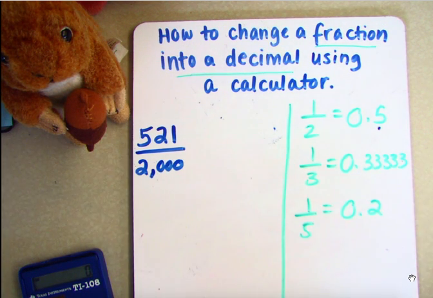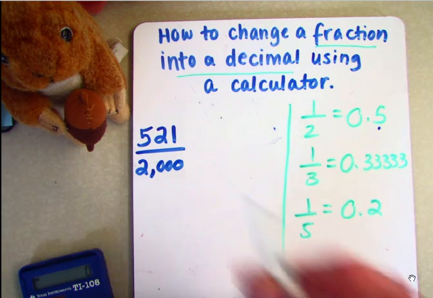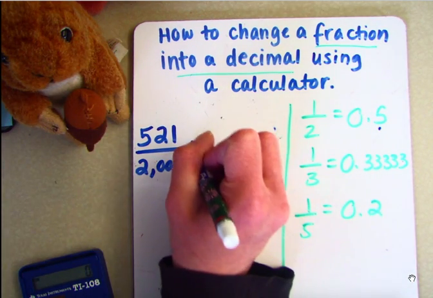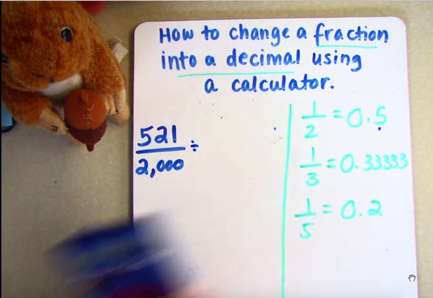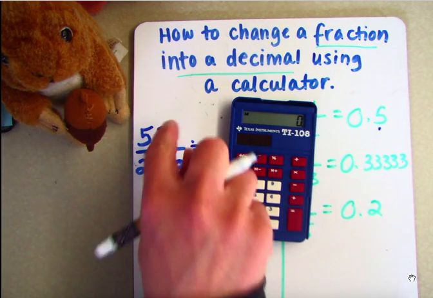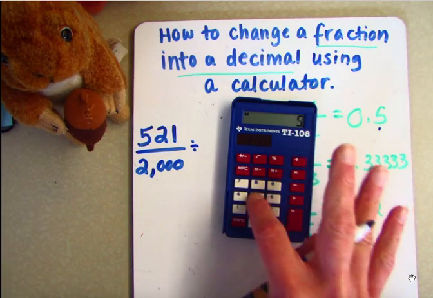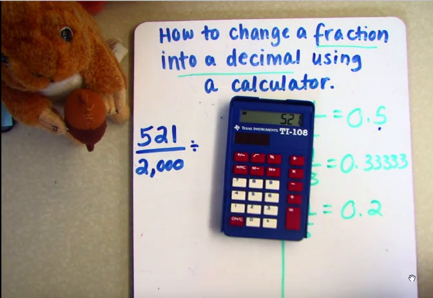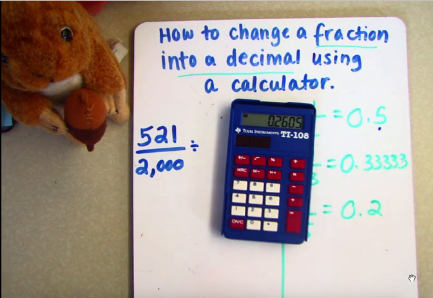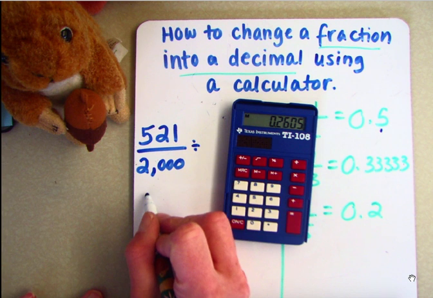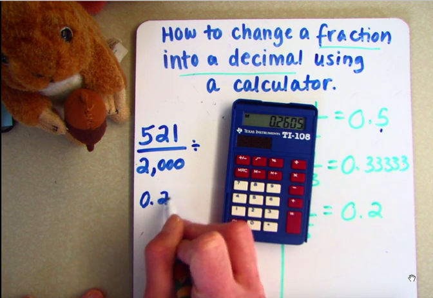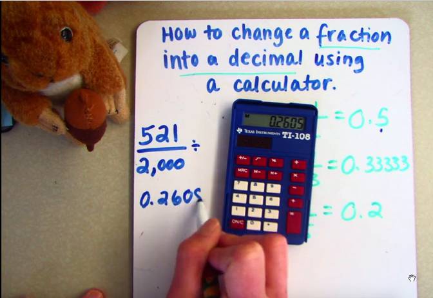So once again, if you wanted to get wild and crazy like Mr. Nutty, you could certainly do long division with that, or you could break out your handy dandy calculator, and you can do numerator divided by denominator. 521 divided by 2,000, it is possible to have a fraction like that, is equal to 0.2605.